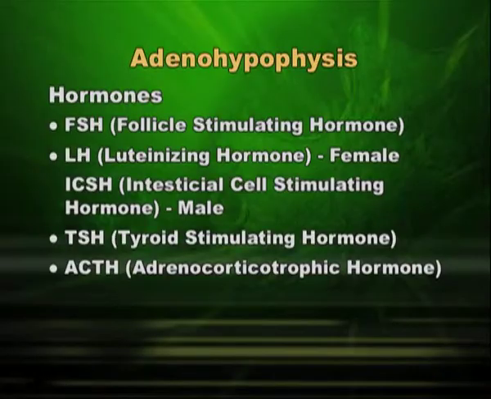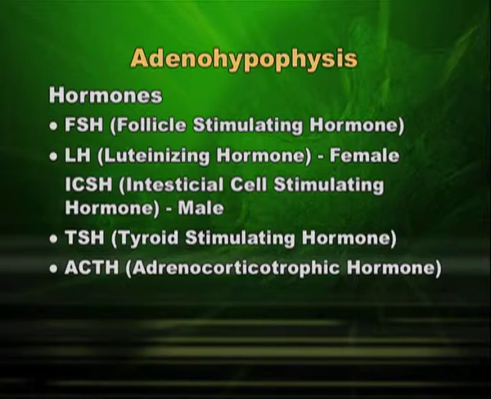This hormone from anterior pituitary will act on adrenal cortex, not on adrenal medulla. The adrenal has outer cortex, inner medulla. The medulla is part of central nervous system. The cortex is part of endocrine system. So, ACTH will act on cortex, and that is why it is called adrenocortico.